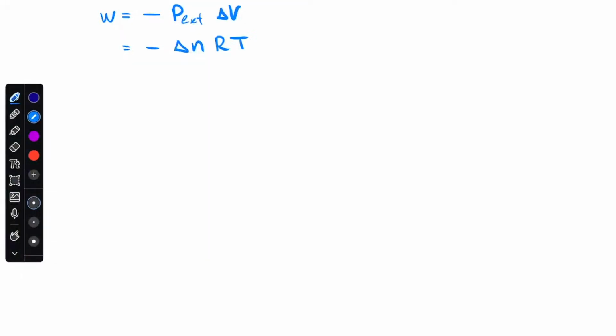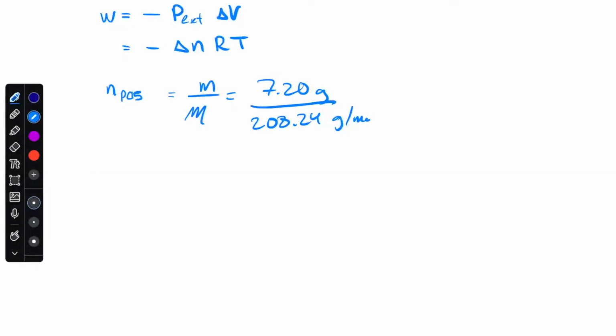Okay, so to do that, we need to get our moles of PCl5. We start with a mass, 7.20 grams divided by 208.24 grams per mole, equals 0.03457 mole. Carry an extra sig fig. And now what we want is moles of gas produced, which is the 10 Cl2s.